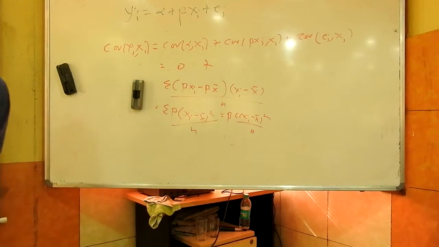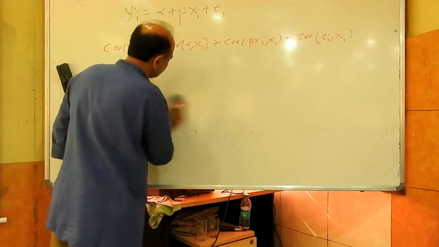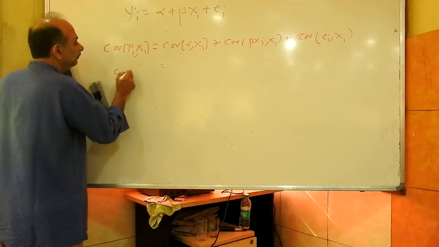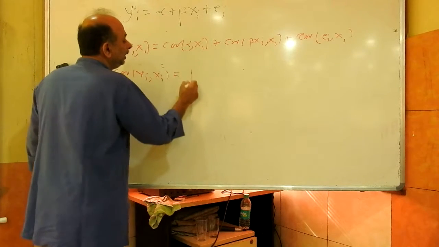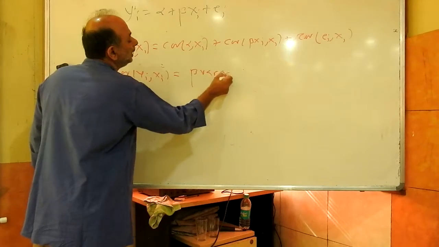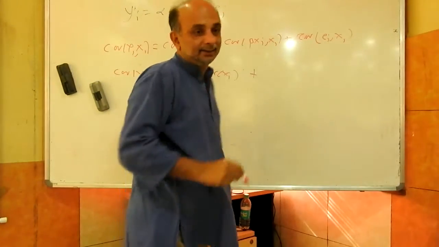What is that quantity? Variance. So I have covariance of yi with xi equal to beta times variance of xi plus covariance of ei with xi.